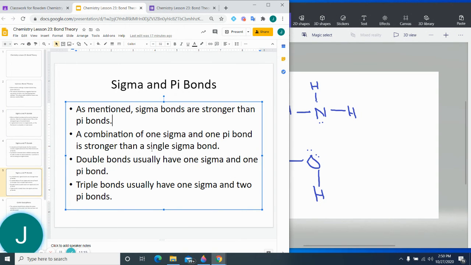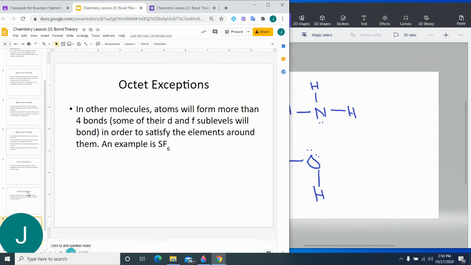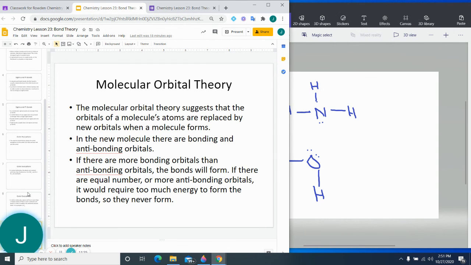Okay, now the last thing is a pretty simple concept. Whenever orbitals are formed, you have the choice to form a bonding or an anti-bonding orbital. And an anti-bonding orbital is an orbital that's not favorable for bonding, but a bonding orbital is.